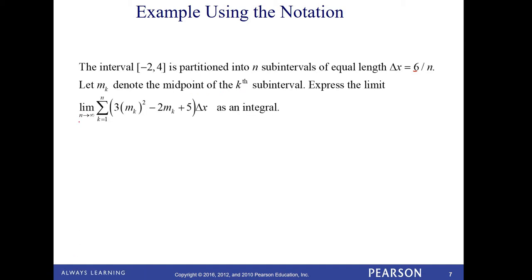So the limit as n approaches infinity, as our divisions become greater and greater, and therefore our rectangles narrower and narrower. The sum of all of these function values, that's the height of each rectangle, times the width. So we're adding up all of the rectangles' areas, height times width.